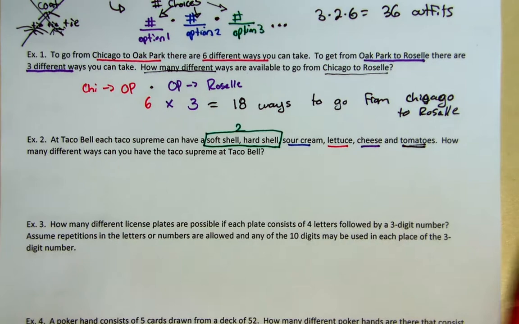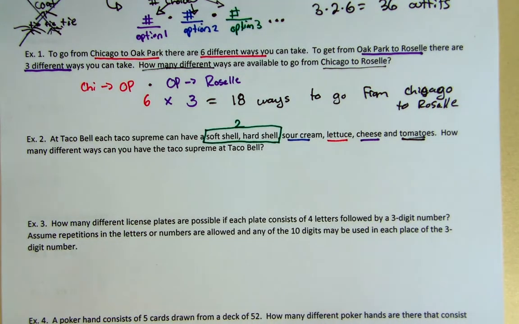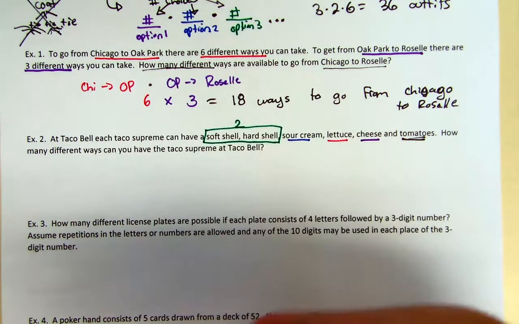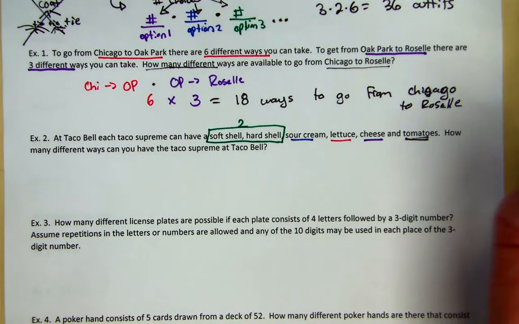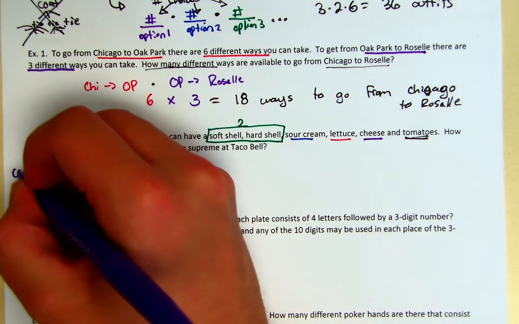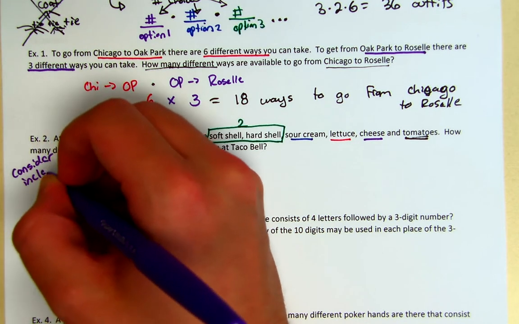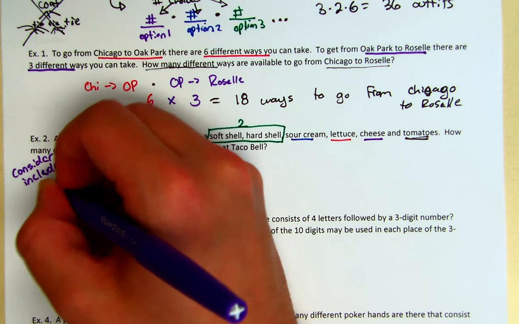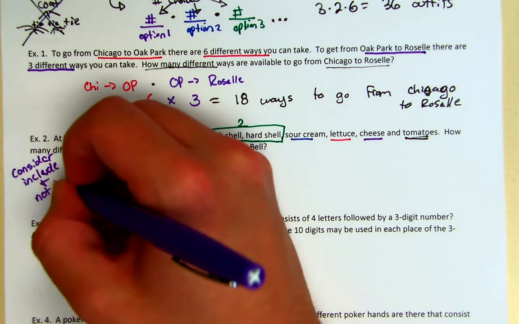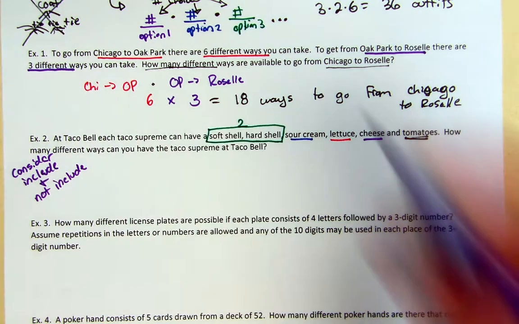How many different ways can you have the Taco Supreme? Well, if we're building things like a sandwich or a salad or tacos, consider include and not include.